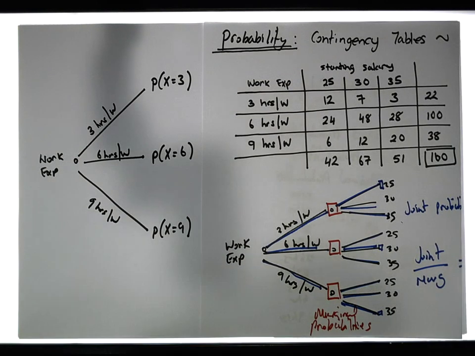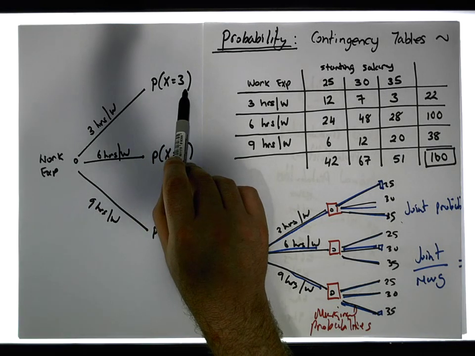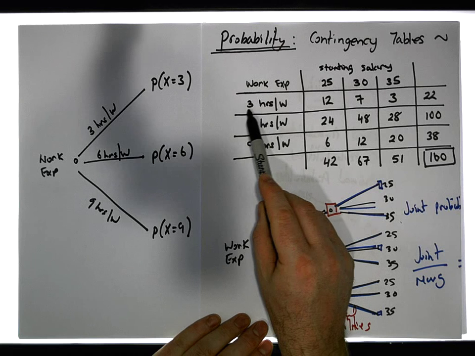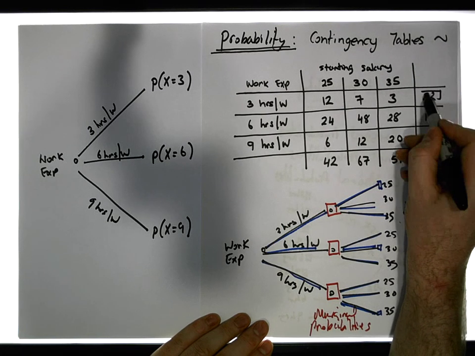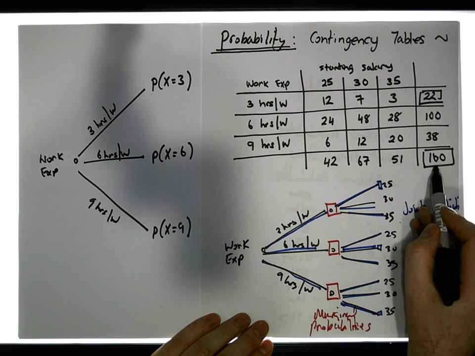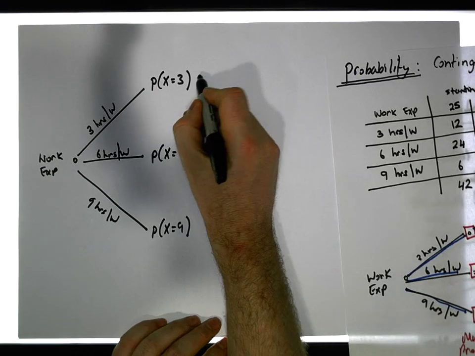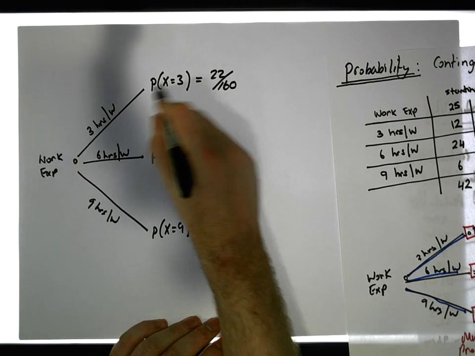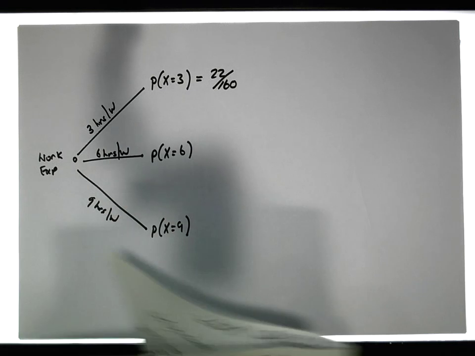So let's calculate these. The probability that the person selected does 3 hours work is, well, how many people do 3 hours work? You can see that the total number of people that do 3 hours work is 22. It's a marginal count relative to the 160. So we have 22 over 160 as the marginal probability, the likelihood of selecting somebody that does 3 hours work.